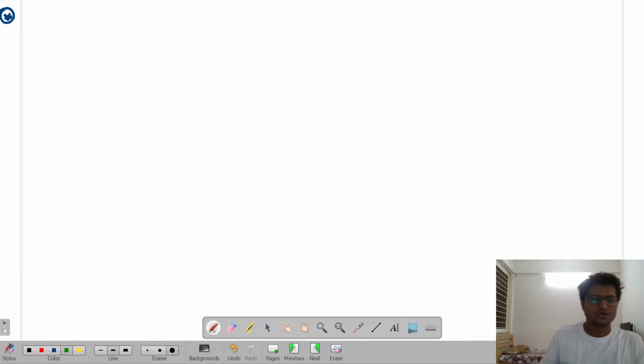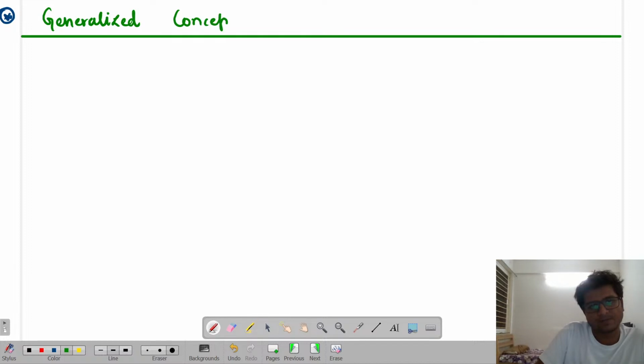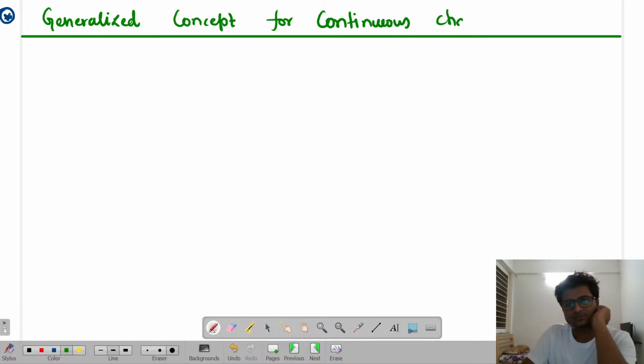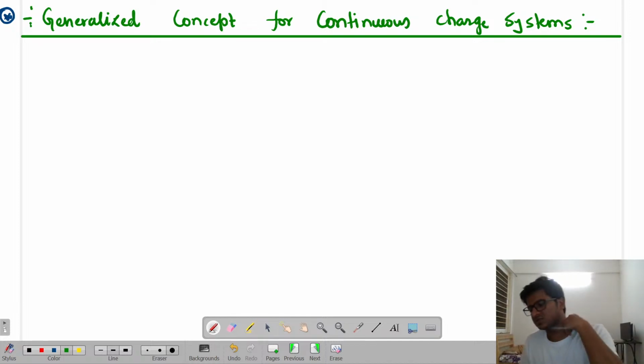Okay, directly. So let's suppose if I take continuous charge system, generalized concept for continuous charge systems. ठीक है.